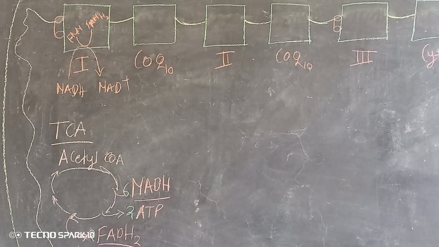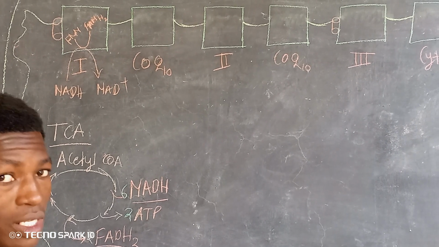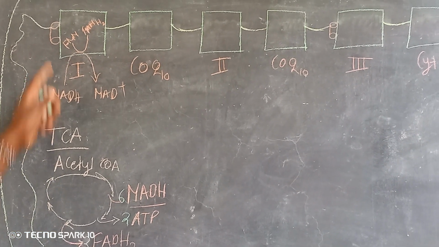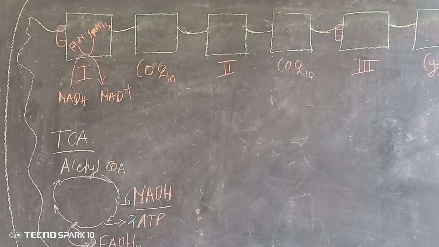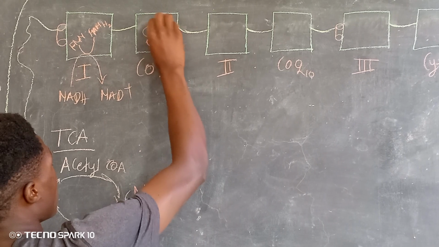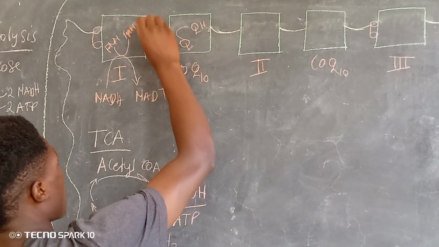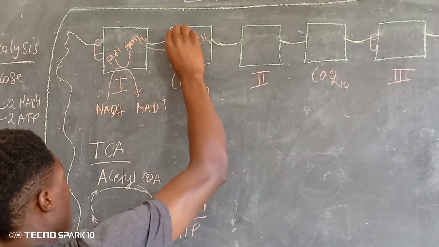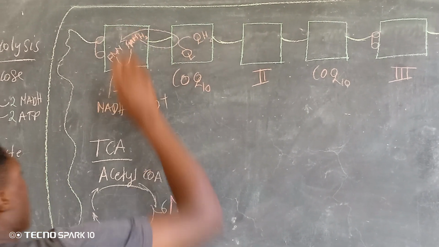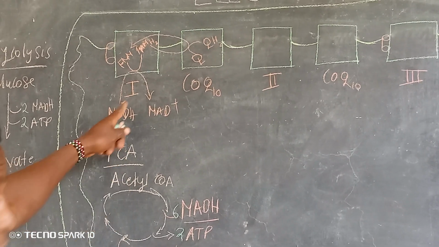Then it doesn't want that high energy state. Remember, the presence of electrons gives a high energy state. So what is it going to do? It's going to pass the electrons to coenzyme Q, which is converted into QH2. And FMNH2 is converted back to flavin mononucleotide without electrons. Now, that is for NADH.